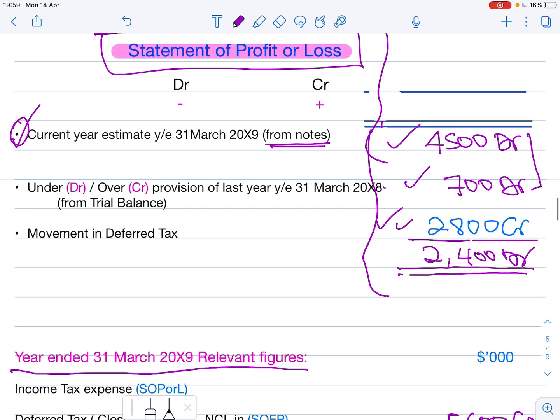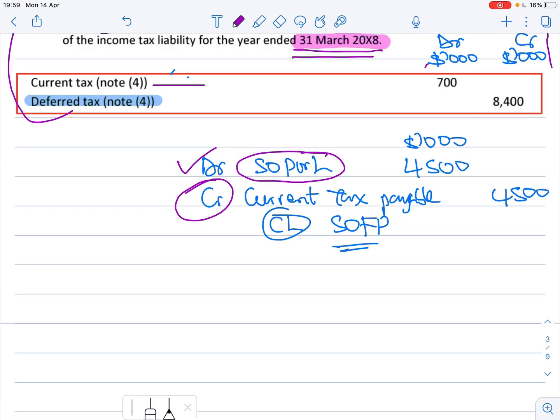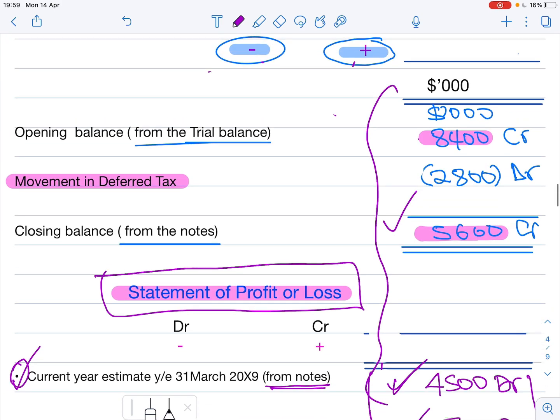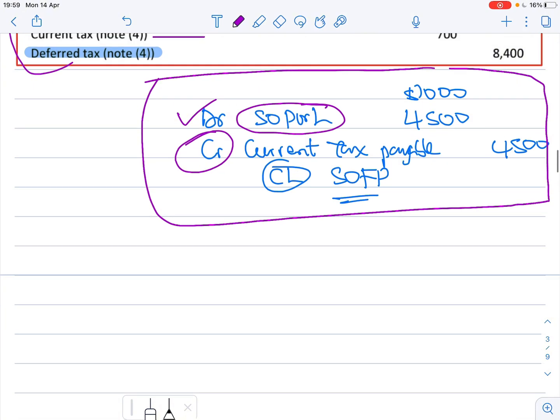Good. So let's come to the statement of profit or loss. What will be relevant? Let's start with this 45. You remember the other time when I was giving you the double entry of the 45, I said that you would debit the statement of profit or loss with 45, and that we did. So that debit is what you can see here. But what about the corresponding credit entry? The corresponding credit entry will go to the statement of financial position.